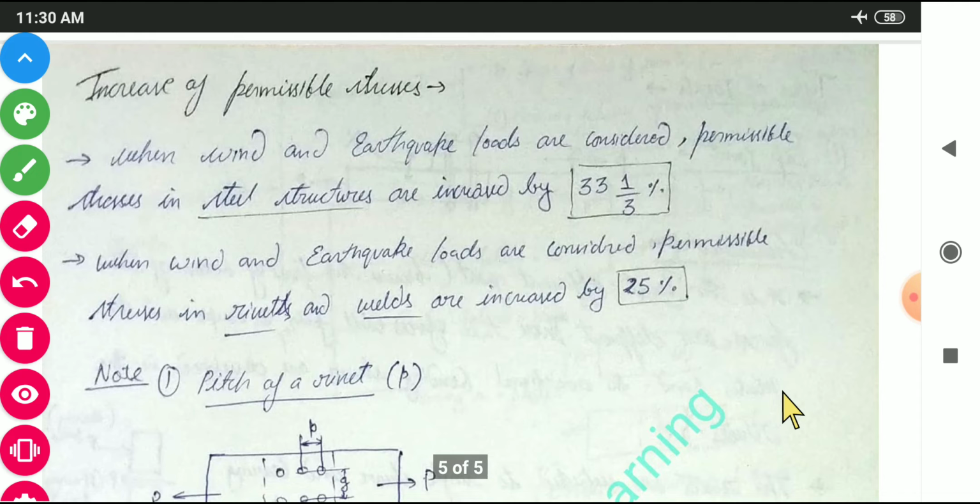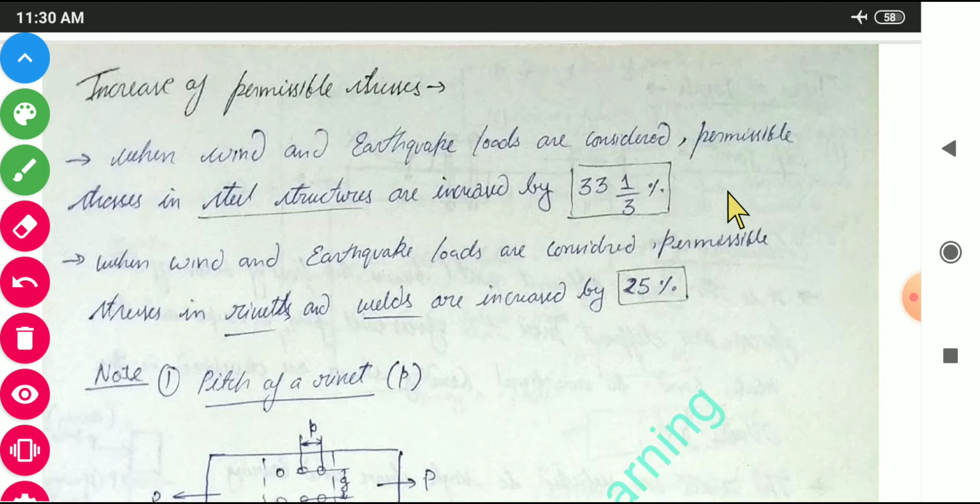Now there are some special cases when we have to increase the permissible stresses. When wind and earthquake loads are considered, permissible stress in steel structures is increased by 1/3 or 33.33%.